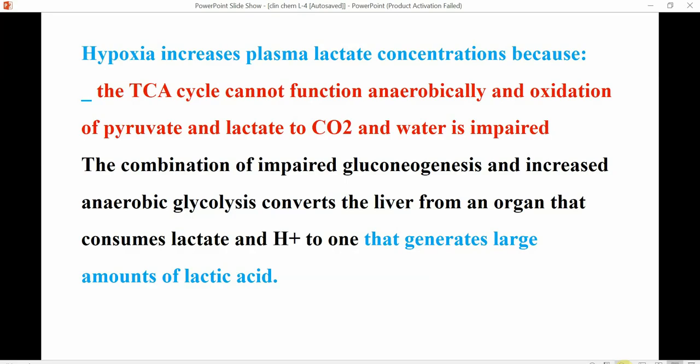The combination of impaired gluconeogenesis and increased anaerobic glycolysis would convert the liver from an organ that consumes lactate and hydrogen ion to one that would generate large amounts of lactate.